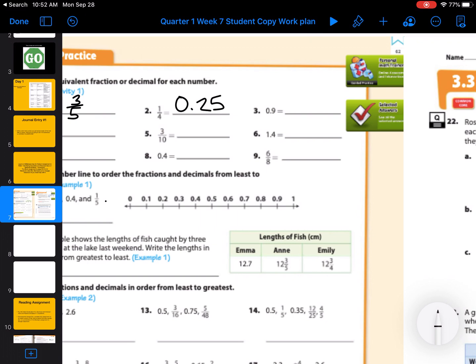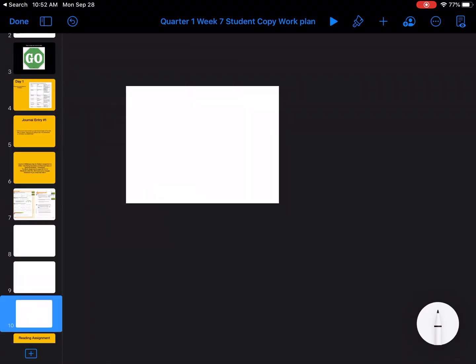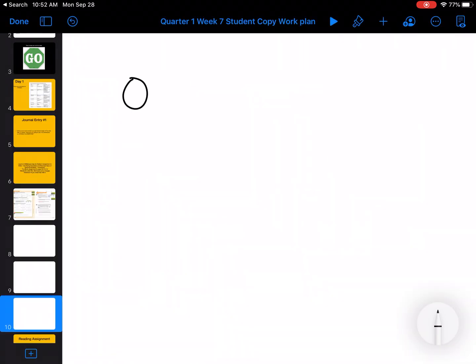Number 3 is 0.9. I'm going to look, what place value is that 9 in? It's 1 behind the decimal, so it's in the tenths. So I put it over 10. Now my numerator is just the number that they give us, so I have 9/10.